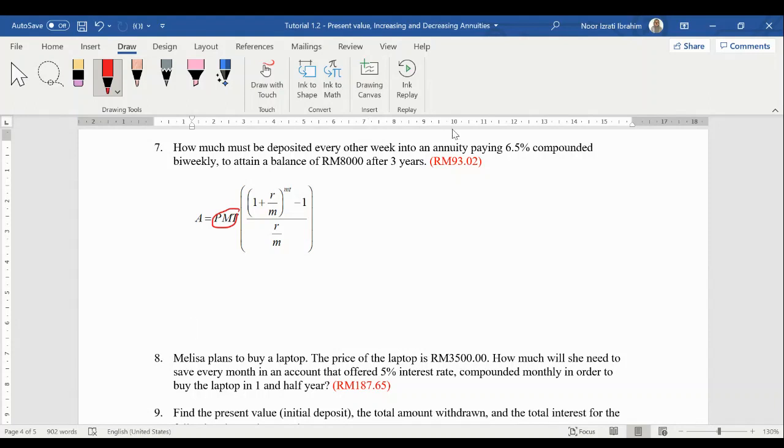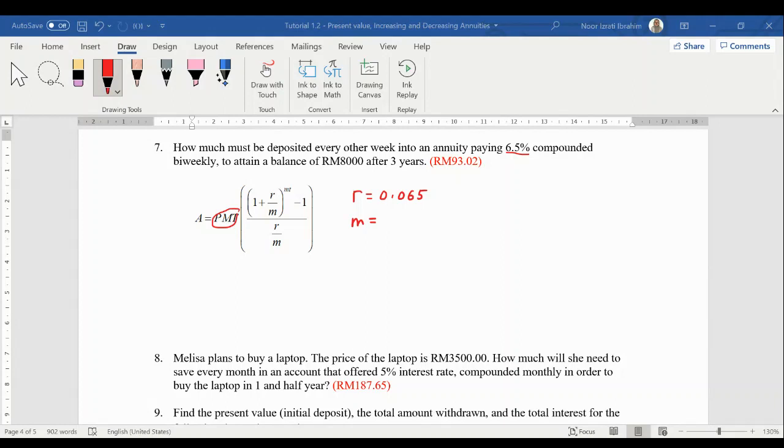Now let us take out the information. 6.5% interest, so R equals 0.065, compounded bi-weekly. What's the value of M here? Compounded bi-weekly, M equals 26.